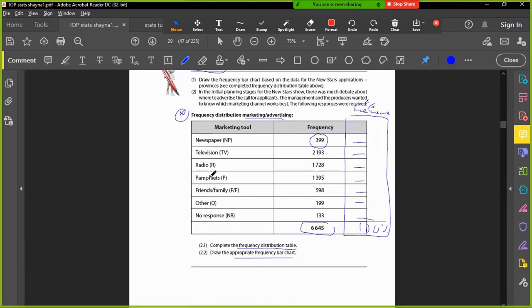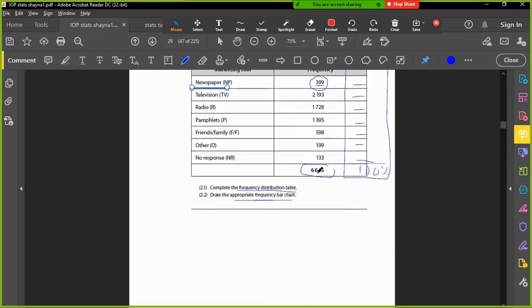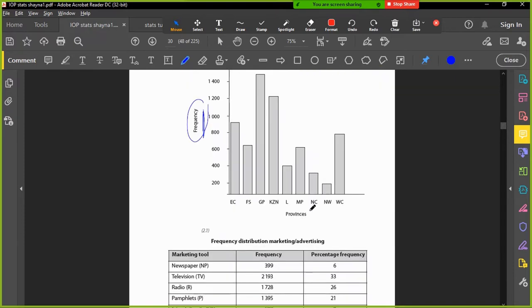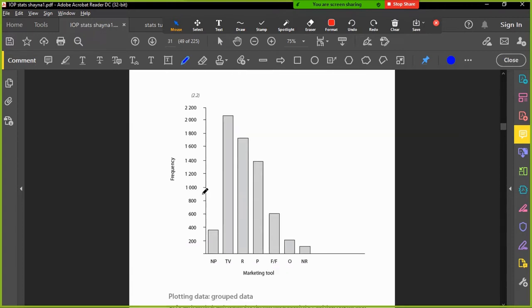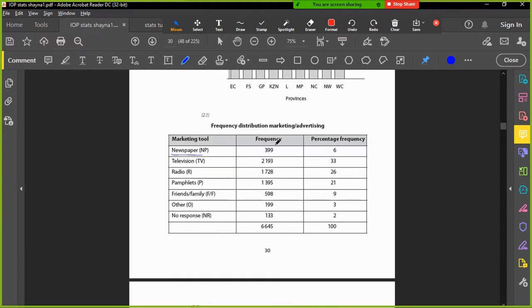How many people marketed in the newspaper? 399. Here's the newspaper, there, 399. Then there's the percentage frequency.